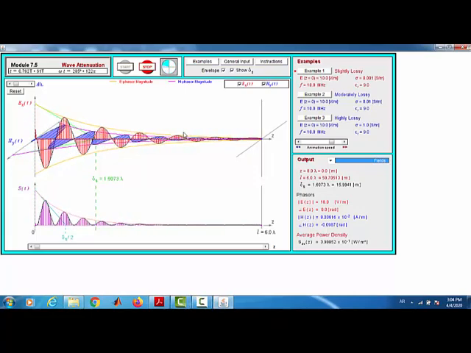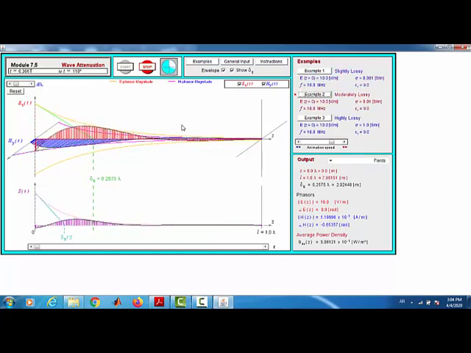So let's change the material and see what will happen in the second example, where the conductivity is 0.01. In this case, we expect the attenuation will be stronger than the first one, because here we have a material with higher conductivity, so we expect more attenuation and shorter penetration depth, and that's what we get here.